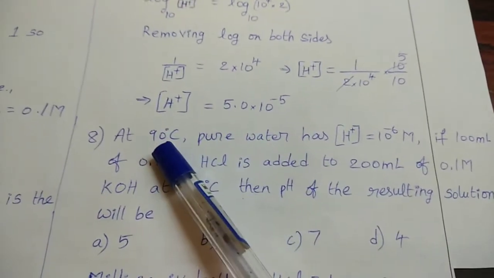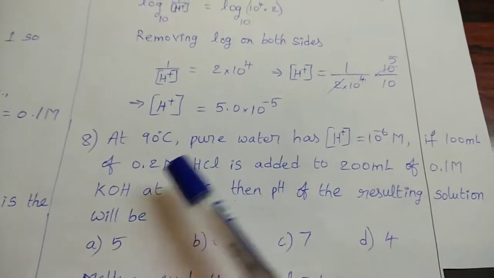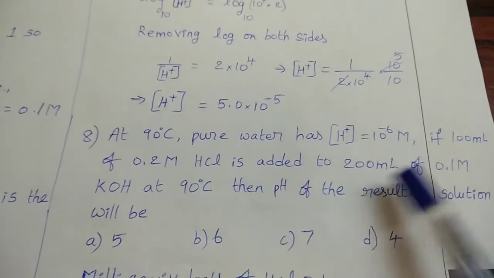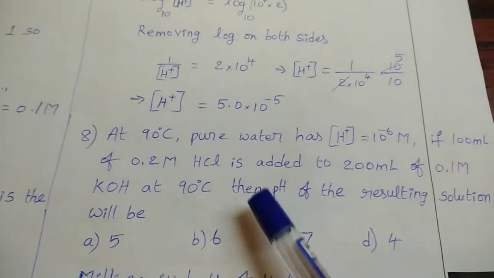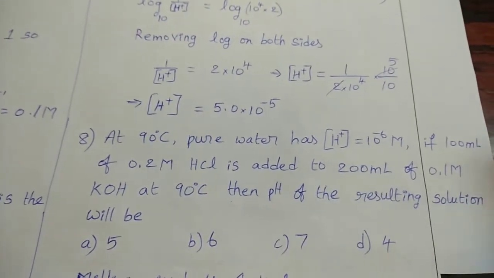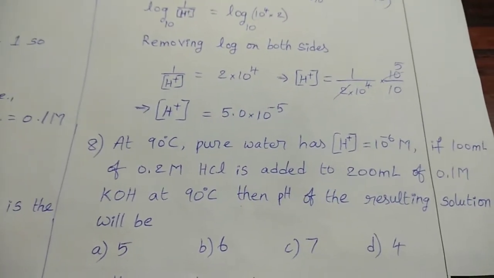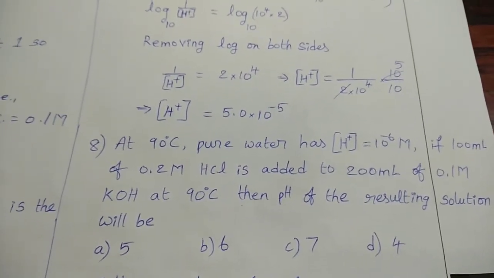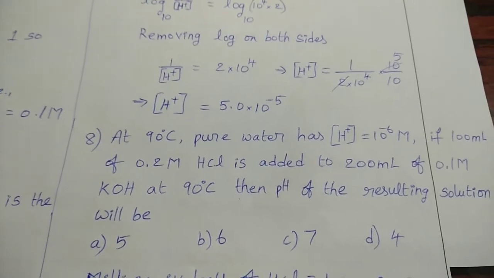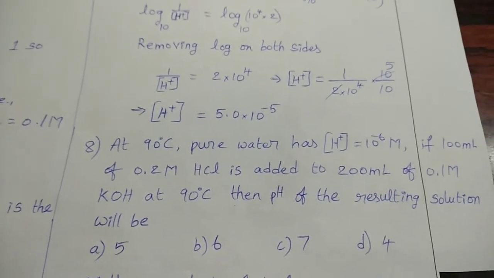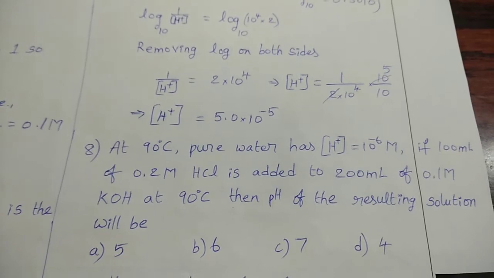Now at this temperature, HCl molarity this one, volume this one is added to KOH molarity this one, volume this one. Then what about the pH of resulting solution? Already we know that acid added to base means neutralization reaction takes place. So from that, what is the nature of the resulting solution?